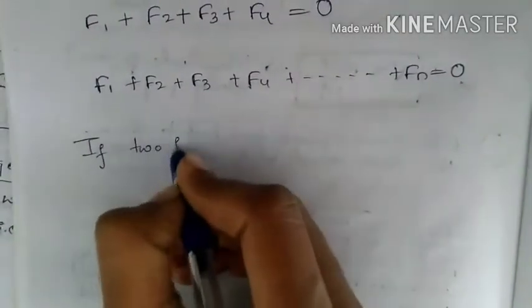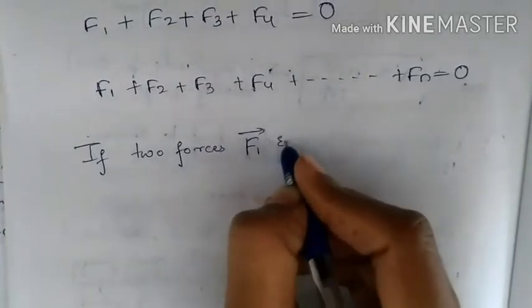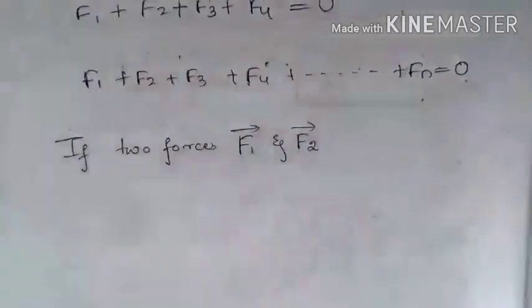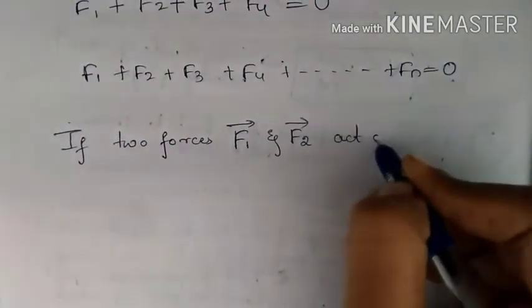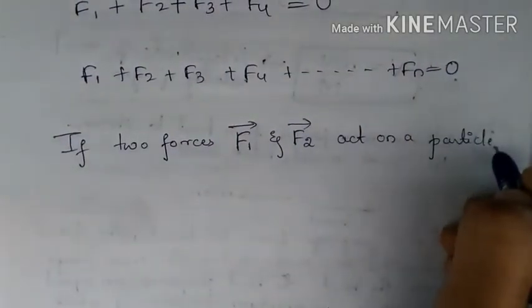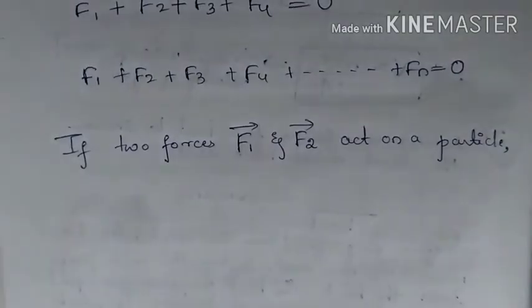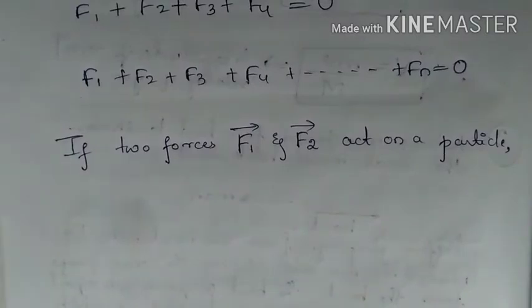So if two forces, F1 and F2, act on a particle, the requirement for equilibrium of the particle will be what? F1 plus F2 should be equal to 0. That is the requirement for the system to be in equilibrium.